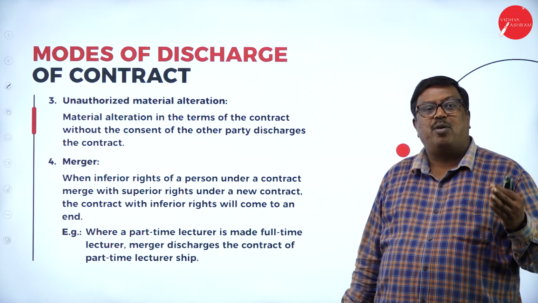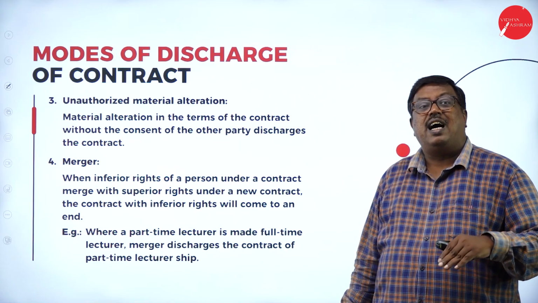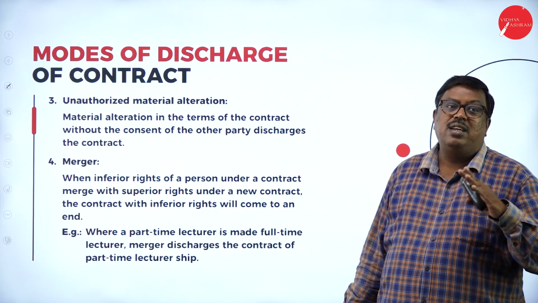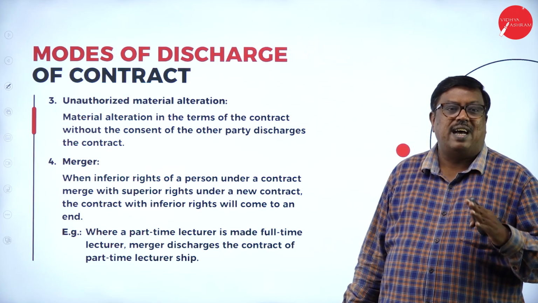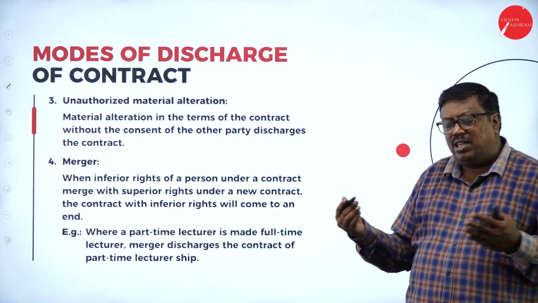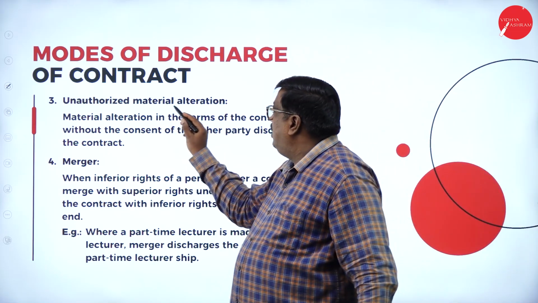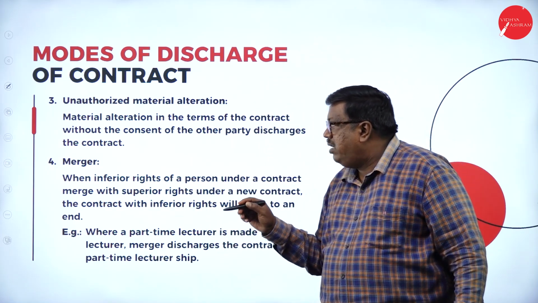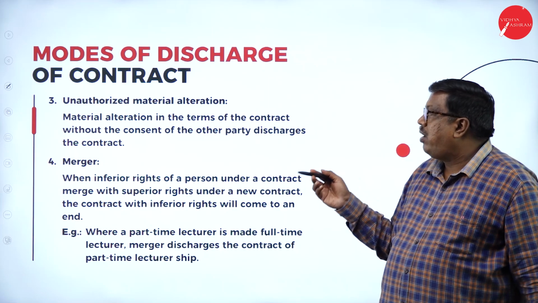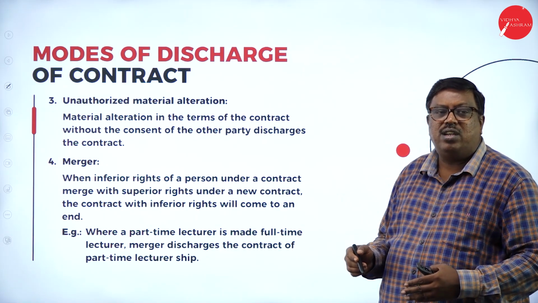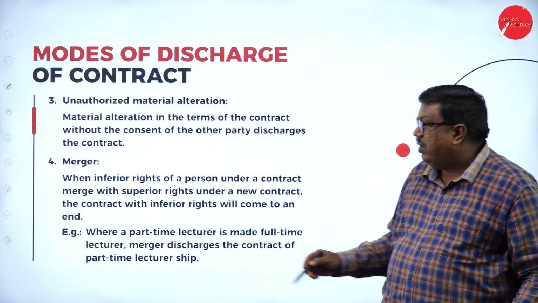Now, whatever property is available in the name of the insolvent has to be discharged for the damages. And if nothing is there, wait for the next concepts. Unauthorized material alteration, it says that when the other party has made changes in the contract without informing the other person, that is called unauthorized alteration.